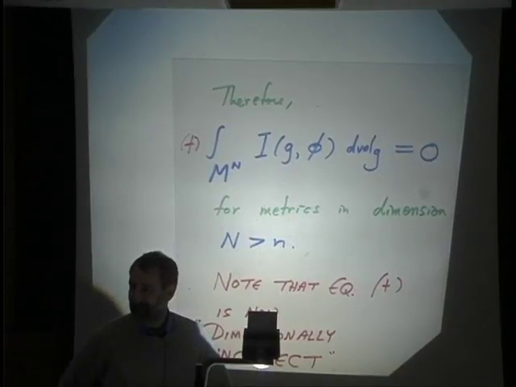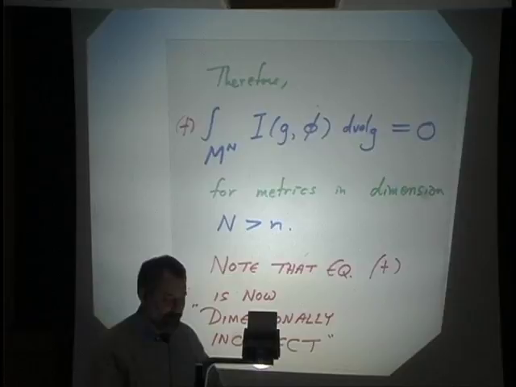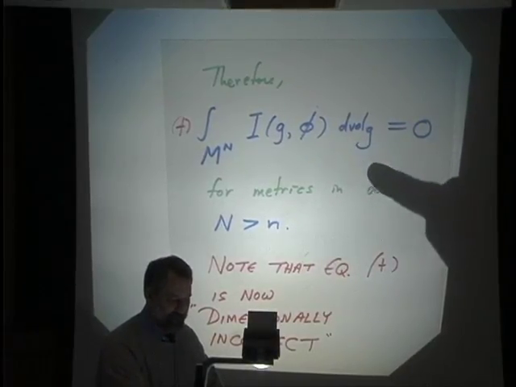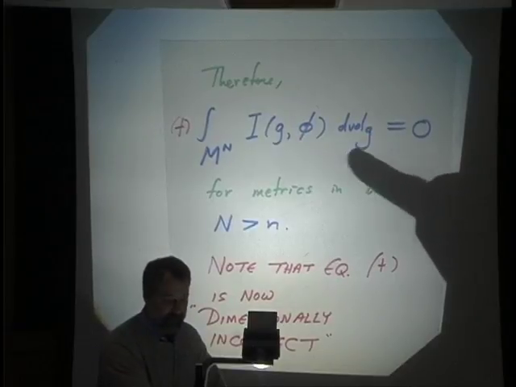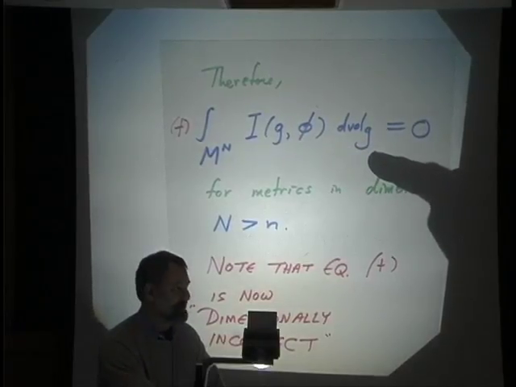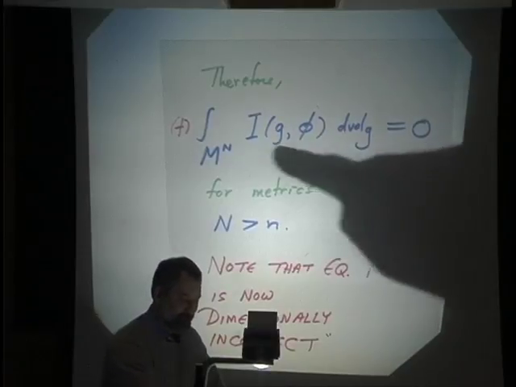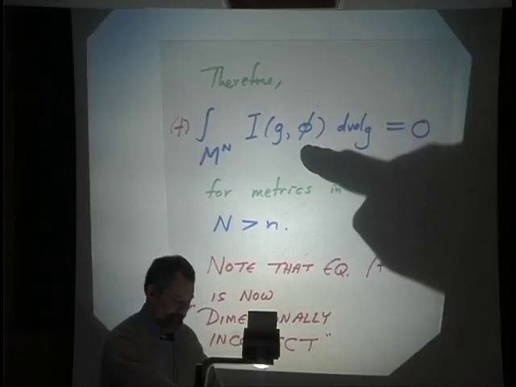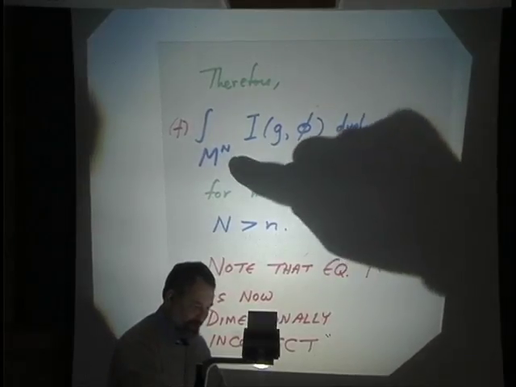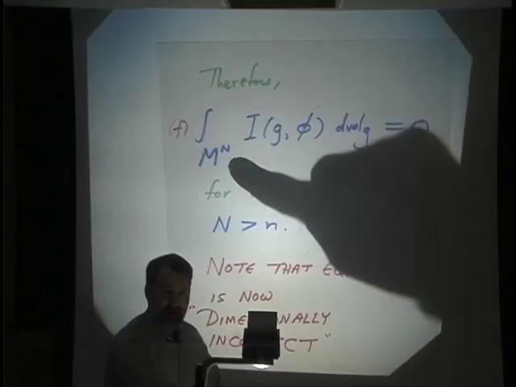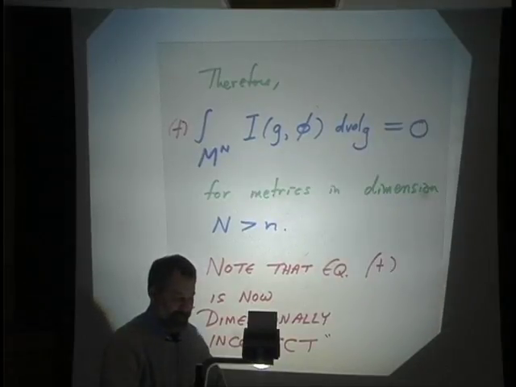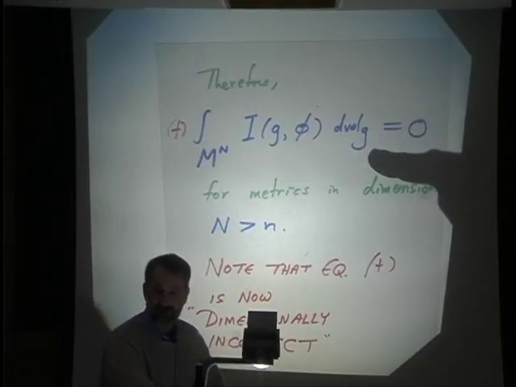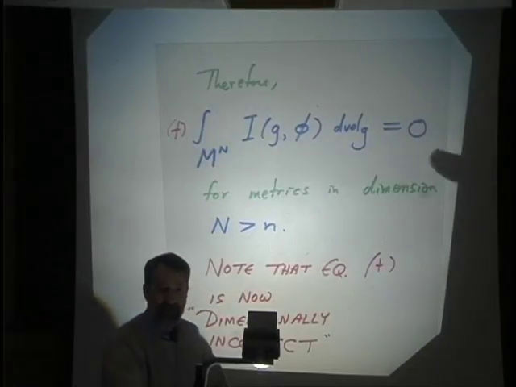Okay? Now we've gained something crucial, namely this integrand is now no longer dimensionally correct. If distances have the dimensions of meters, the volume in dimension little n has dimension meters to the little n, and therefore this integrand originally had the dimension meters to the minus little n, but now we're integrating over a manifold of dimension capital N, and therefore this is meters to the minus little n times meters to the capital N. This is a dimensional quantity.